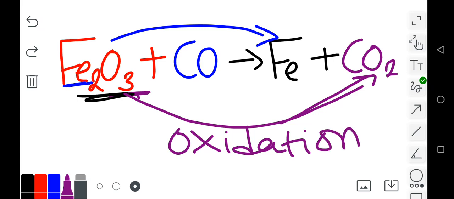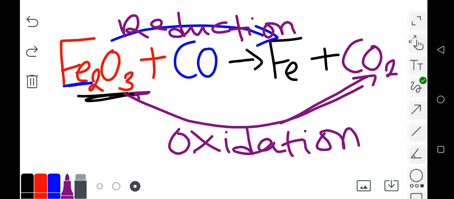Why oxidation? The oxygen was added to form carbon dioxide. Remember, it is the addition of oxygen to a substance. And then we can say that from the iron 2 oxide to iron metal, this is what is called reduction.